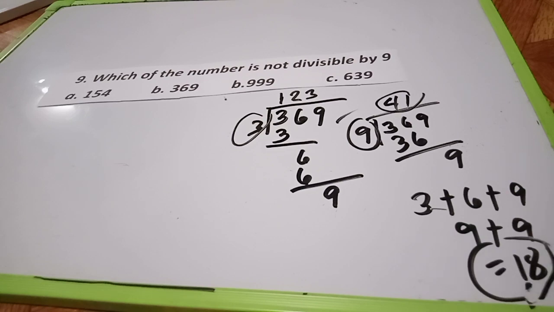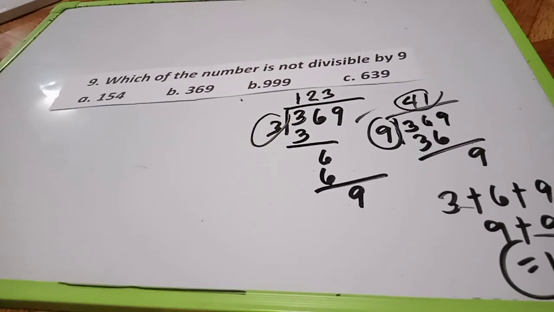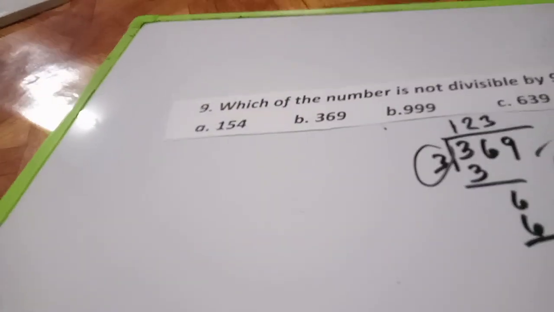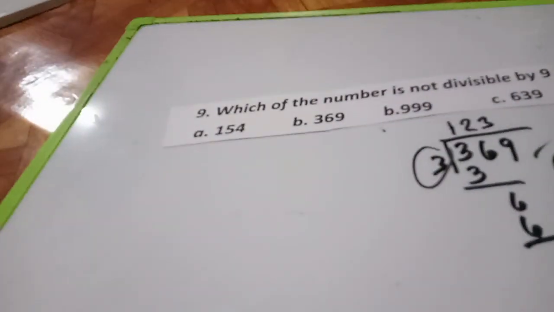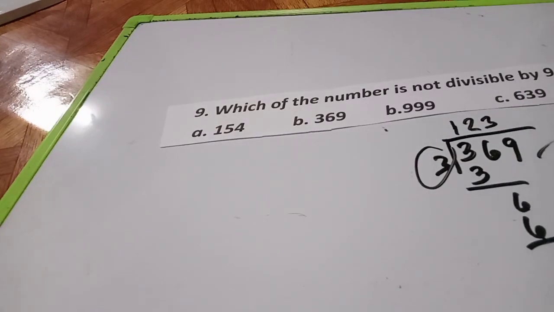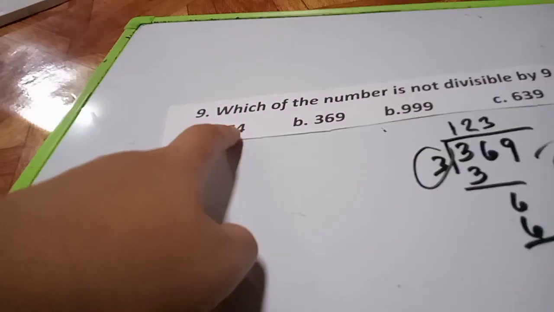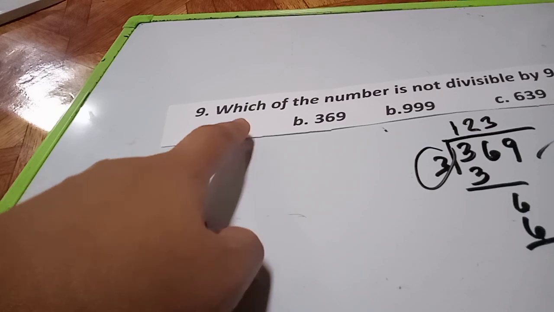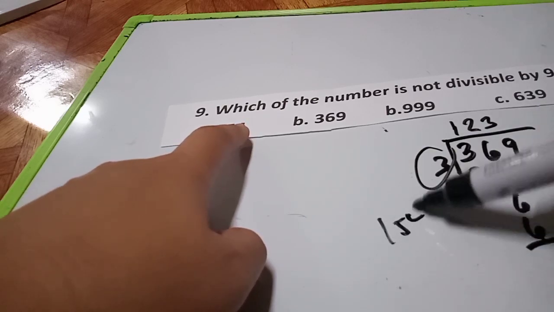So what will be the answer? So 9 and 9. 9 plus 9 plus 9 is 27. 27 divided by 3, we have 9. So 6 plus 3 plus 9 is 18. And 18 is divisible by 3. So, how about this one? 1, 5, and 4.